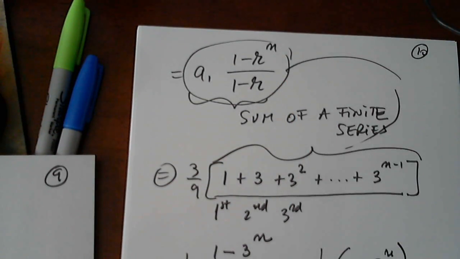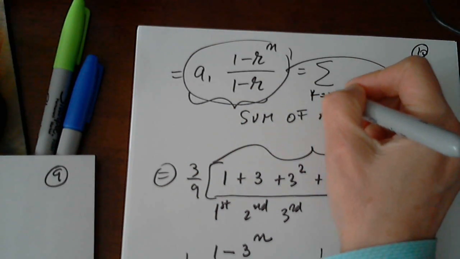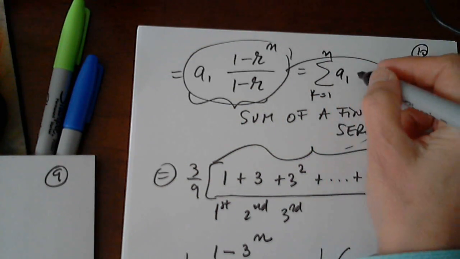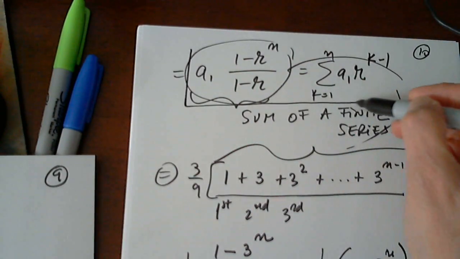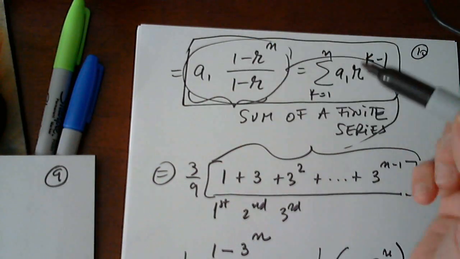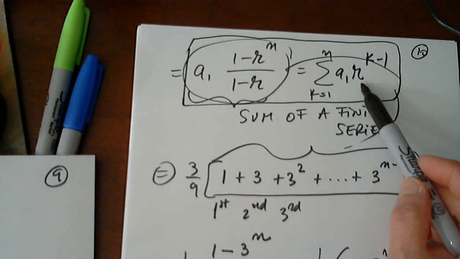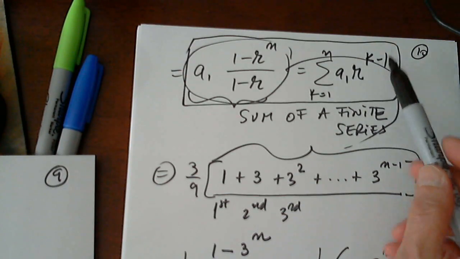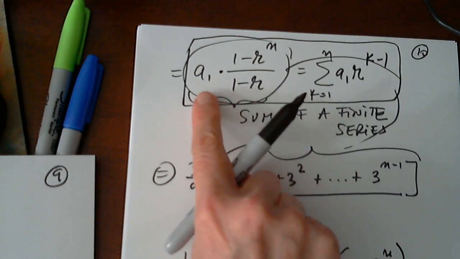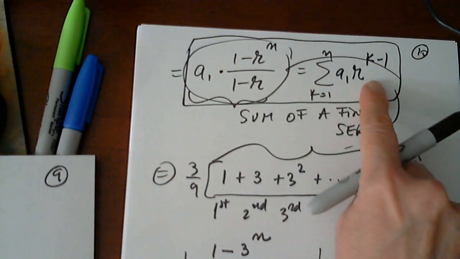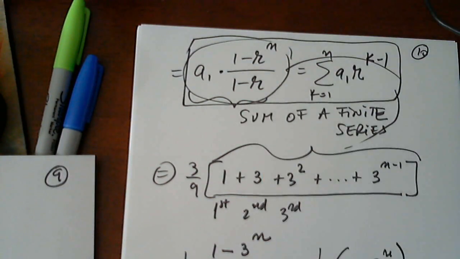So this equals the sum from k equals 1 through n of a1 r to k minus 1, which equals this formula: the first term times 1 minus r to the nth power over 1 minus r.